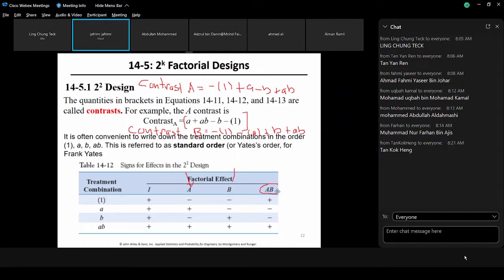For AB, you just multiply: negative times plus gives negative, and so on. So contrast of AB, just follow, look at the column: plus 1, minus A, minus B, and finally plus AB.